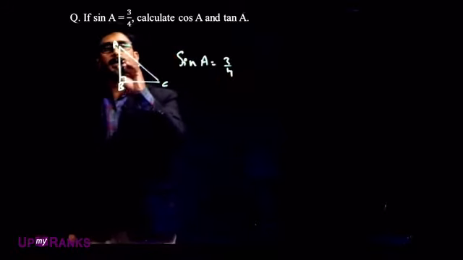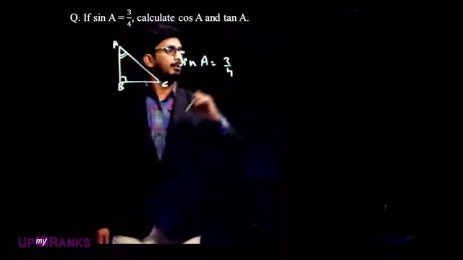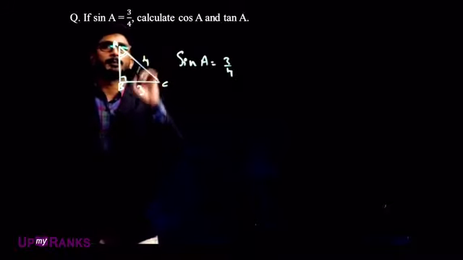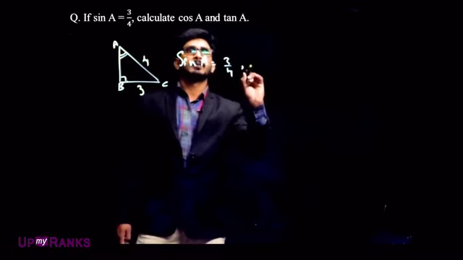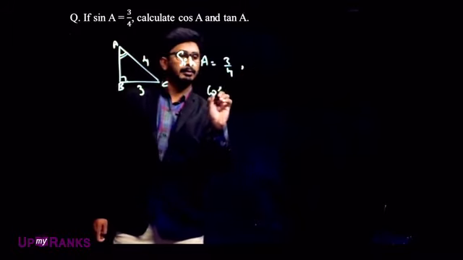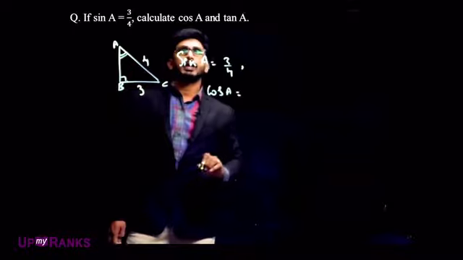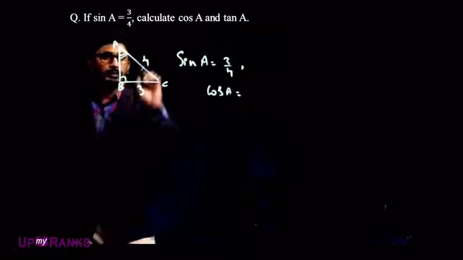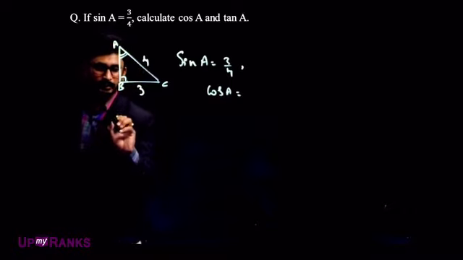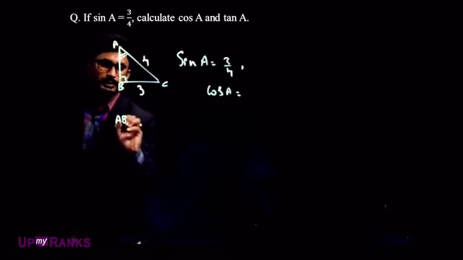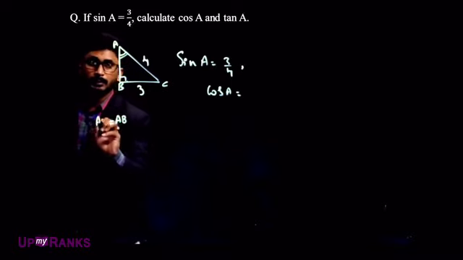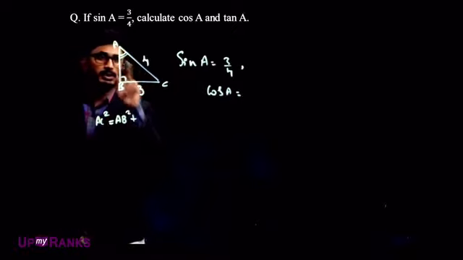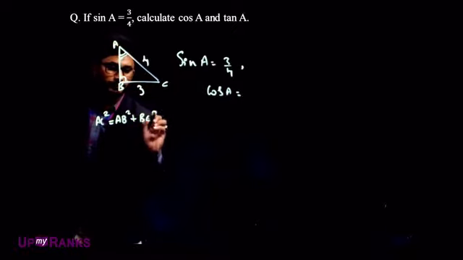Sin A is opposite side by hypotenuse, so the opposite side is 3 and the hypotenuse is 4. I have to find cos A, so I have to find the other side of the triangle. From the Pythagoras theorem, AC square is equal to AB square plus BC square.